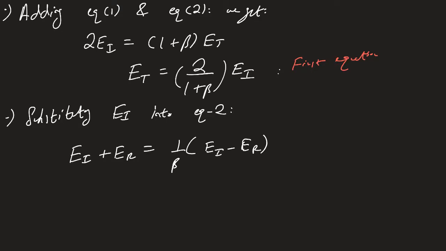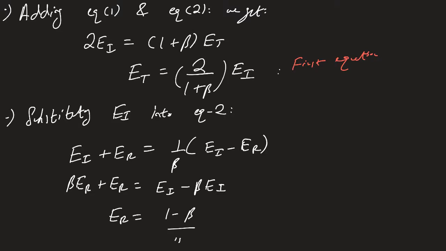So then beta ER plus ER becomes equal to EI minus beta EI. So ER becomes equal to (1 minus beta over 1 plus beta) times EI, right? And this is our second equation.